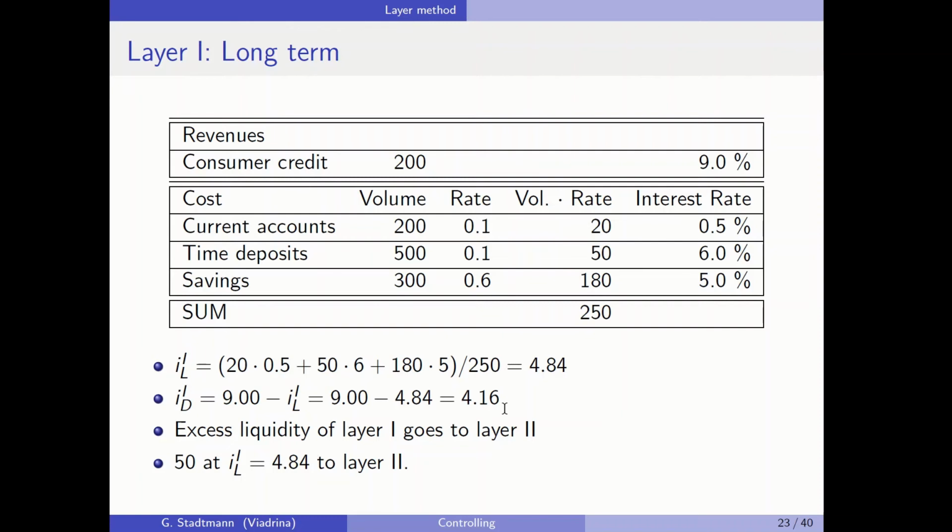So we get here an interest rate of 4.16%. The excess liquidity of layer 1 goes to layer 2.